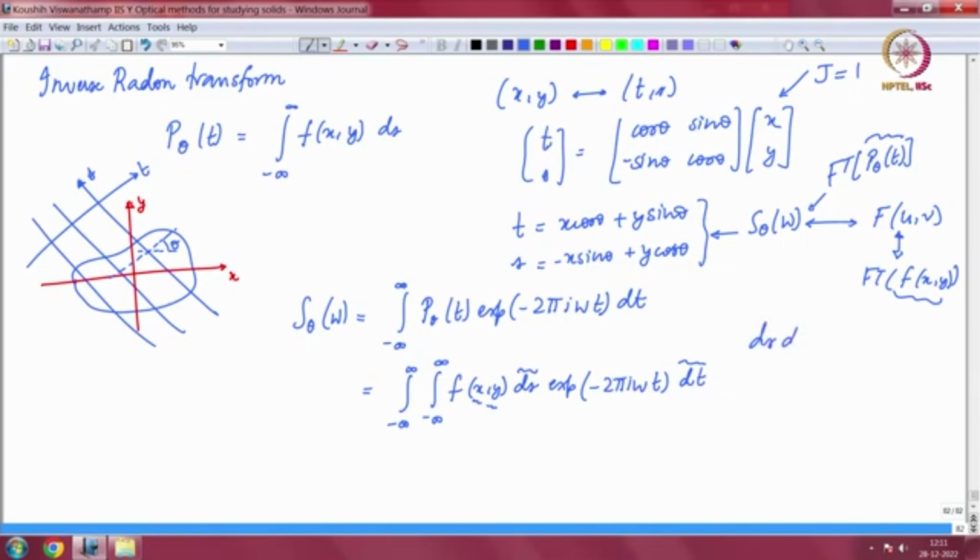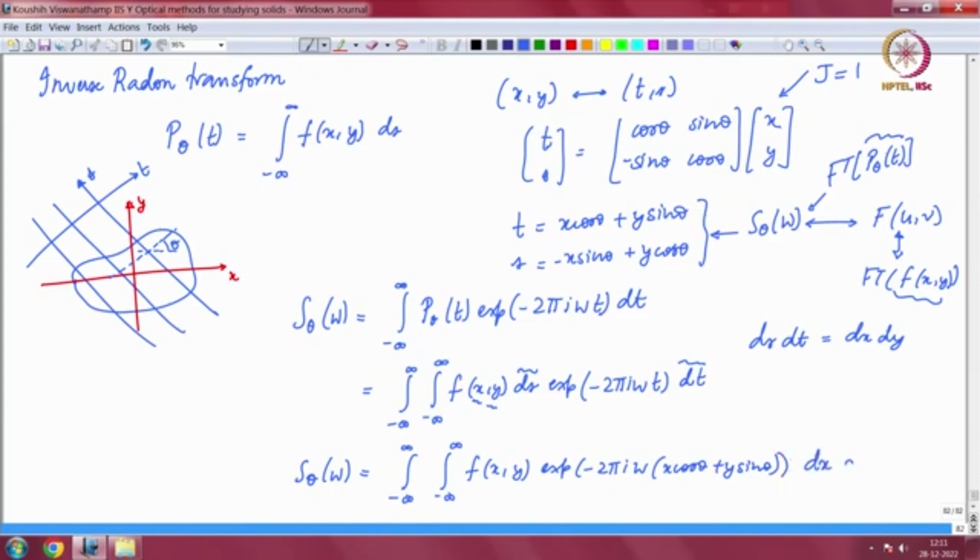So ds dt is the same as dx dy. Because t and s are being integrated over, you can convert them into x and y and that will be integrated over, it does not matter. So if you convert it back to x y, you will basically get f of x y, that will remain unchanged, and you will get exponential of minus 2 pi i w times x cos theta plus y sin theta times dx dy.